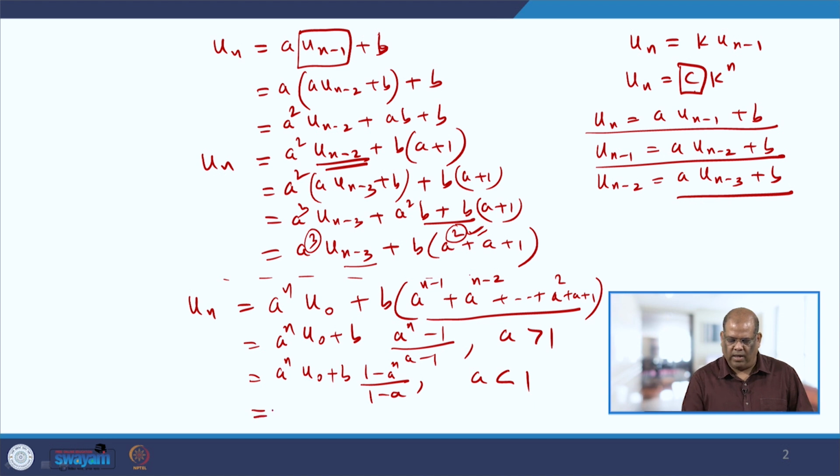And if a is equal to 1, then you just directly substitute it here. So, it is u0 plus 1, 2, 3 till n times of these numbers, so it is n times b, and this is for a equal to 1.